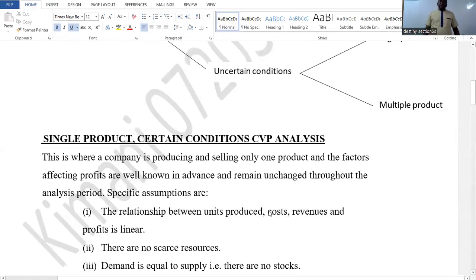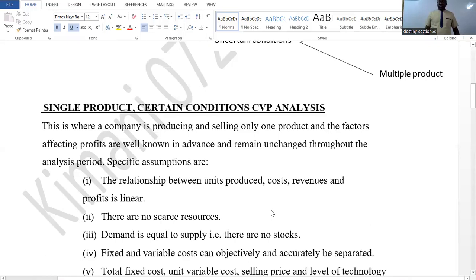Now, the specific assumptions that we have in this CVP for the single product certain: one is that the relationship between the units produced, the costs, revenues, and profits is linear. Because of that, when we draw the lines, they give us very straight lines when we draw the graphs. Number 2, we assume there are no scarce resources.